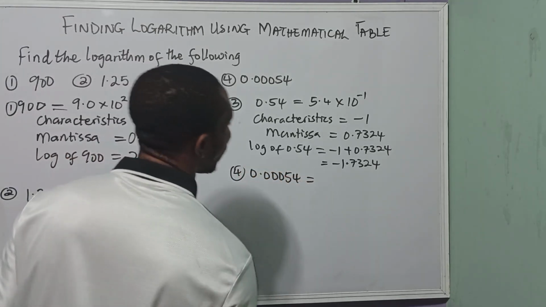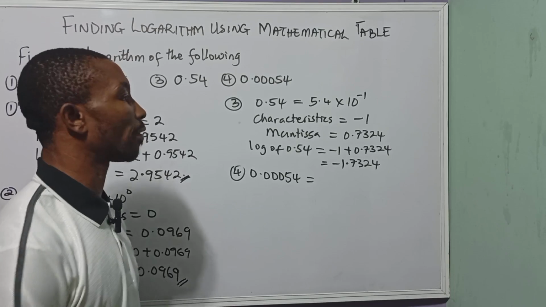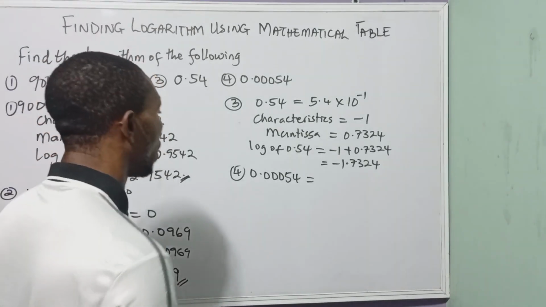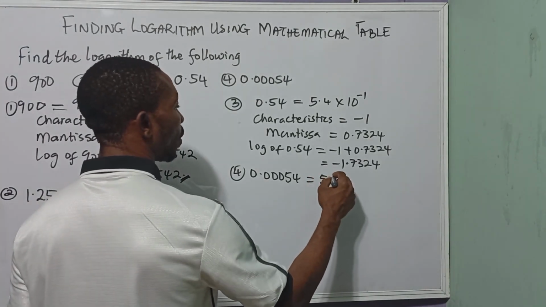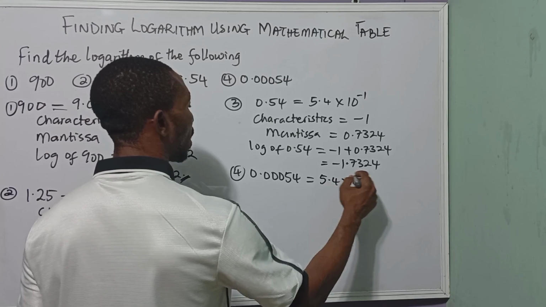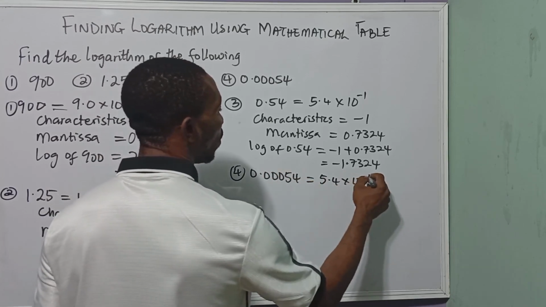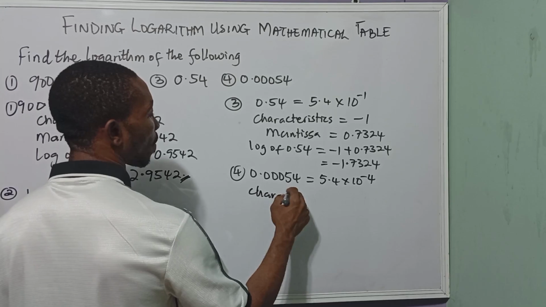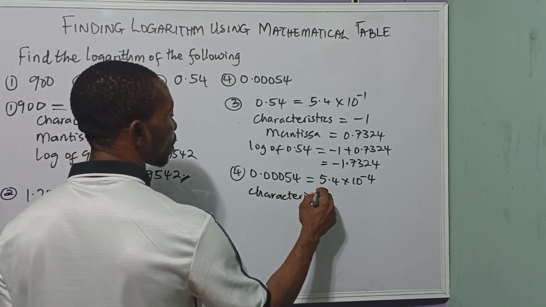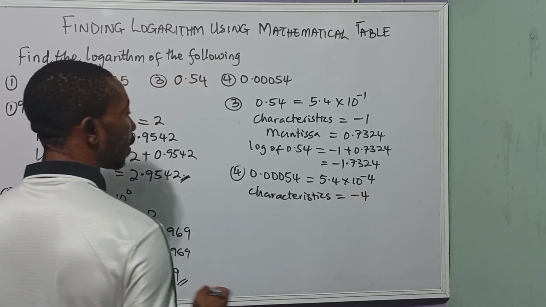0.00054. Now we can write our number in standard form. Writing the number in standard form will be, all right, if you guessed right, yes, 5.4 times 10 raised to the power minus 1, 2, 3, 4. Good. So our characteristic would be minus 4, right?